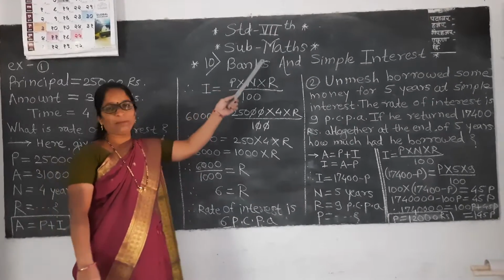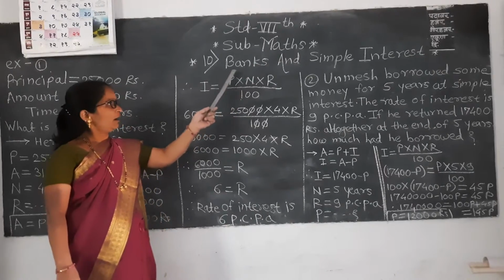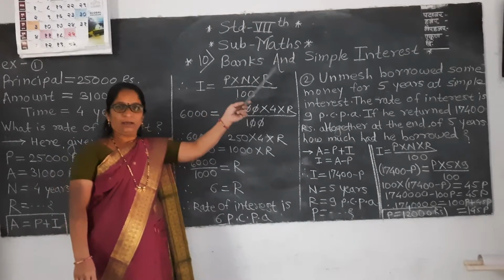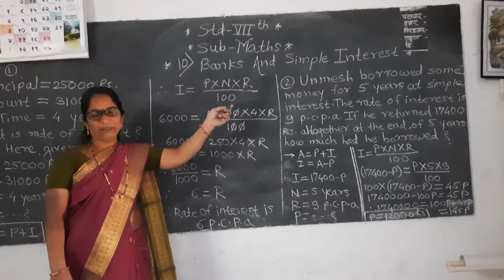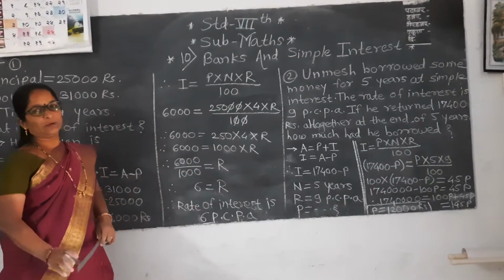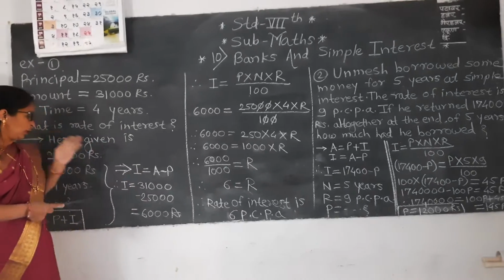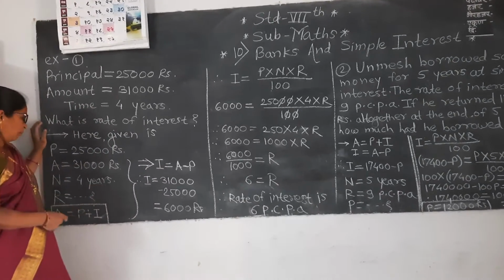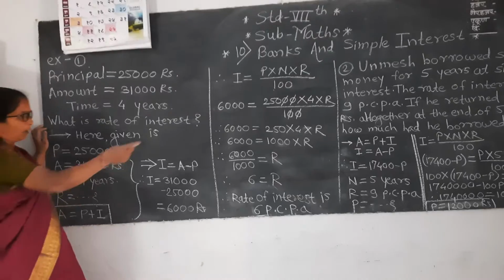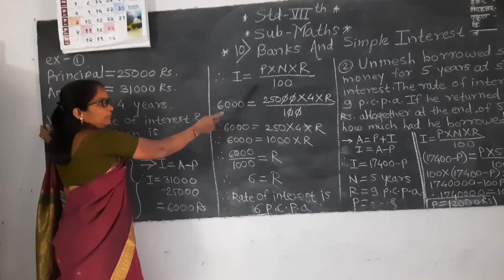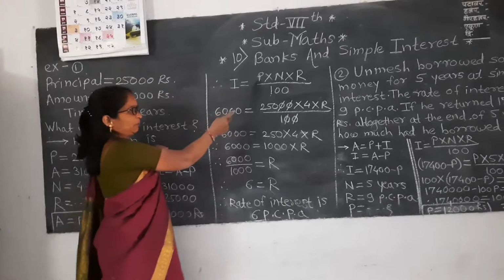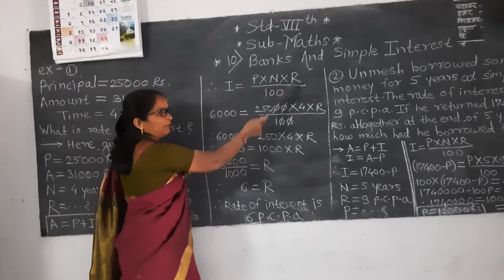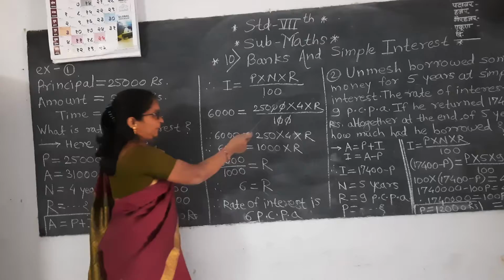Standard 7, subject Maths. We have studied about banks and simple interest. Today we see the remaining part of this chapter, bank and simple interest. In the last lecture we have seen the formula I is equal to P into N into R upon 100. By this formula we can calculate simple interest for a given principal, time period and rate of interest.